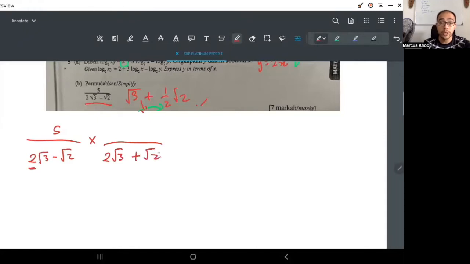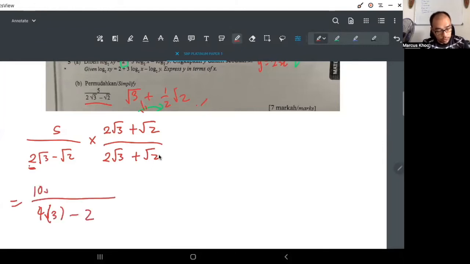Okay, 2 root 3 plus root 2. And also likewise here, 2 root 3 plus root 2. Okay, because this will give you at the bottom here, okay, 2 times 2 will be 4. Okay, 4 times 3 minus 2. This one will be 10 root 3 plus 5 root 2.